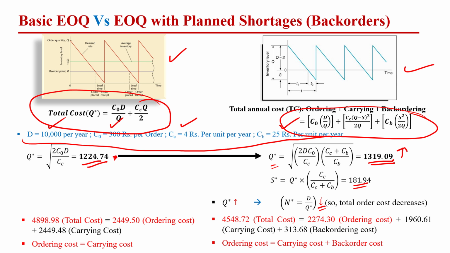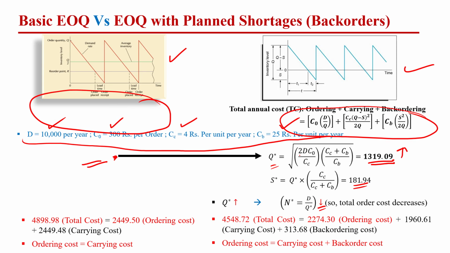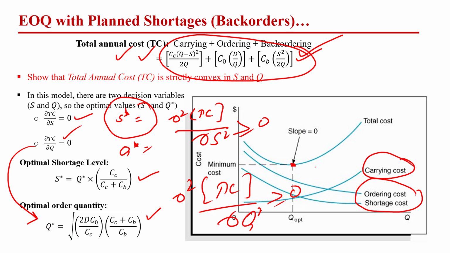If the number of orders decreases, then ultimately your carrying cost is going to increase. As we saw in the previous slide, in planned shortages we were trying to balance the carrying cost against the order cost as well as the shortage cost.